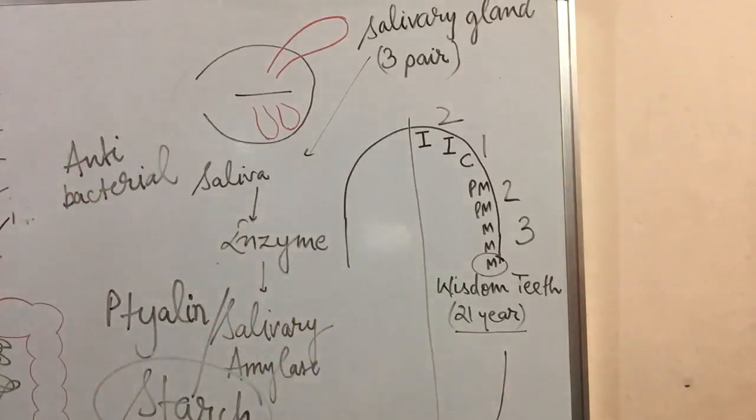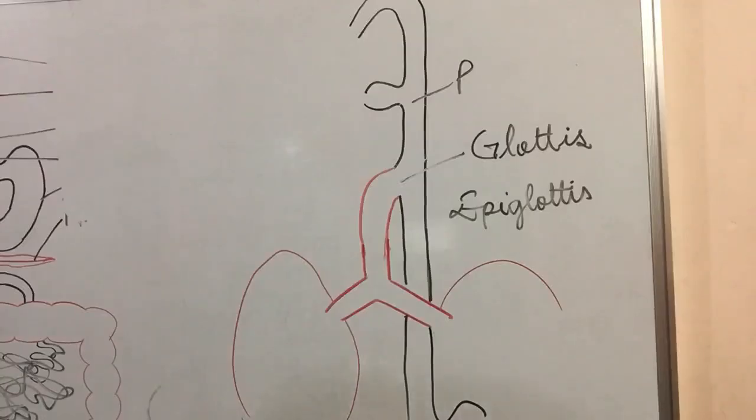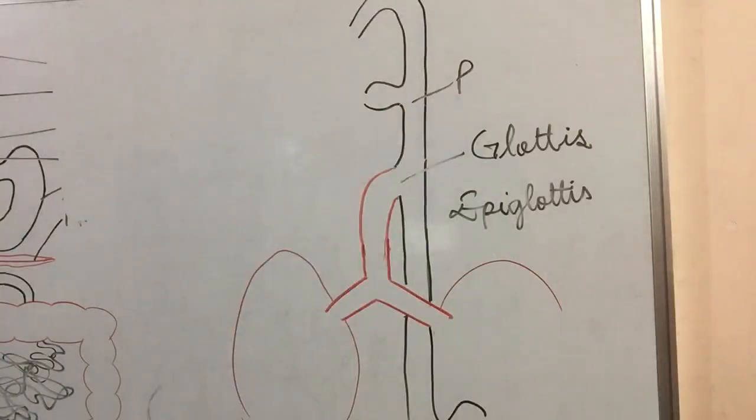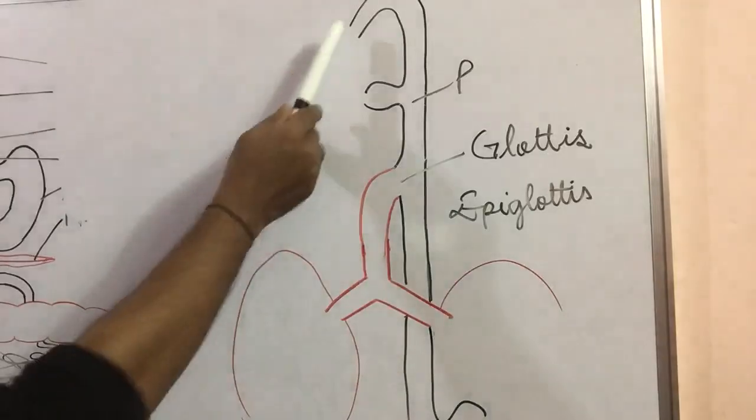The last topic for today is the glottis and epiglottis. By studying this topic, we will be able to answer how food and air, or water and air, go along their different paths through a common passage.